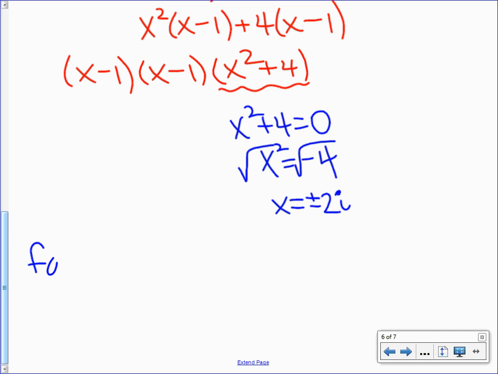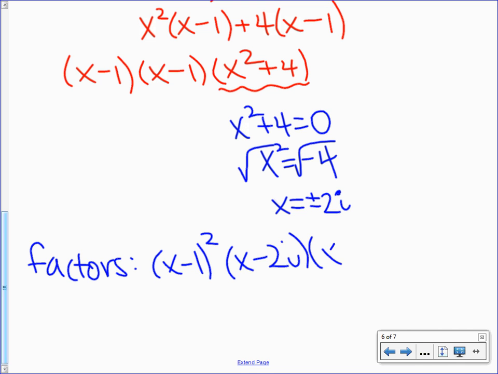So, our linear factors would be x minus 1 times x minus 1, x minus 2i, and x plus 2i. Okay. If you have the zeros, you can write the factors.